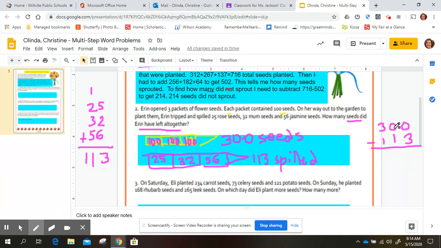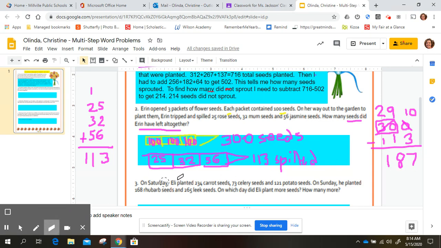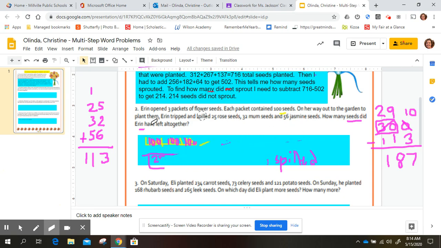And he says, sorry, man, I'm all out. So that's okay, we'll take it from the 30. So 30 turns to 29, and the 0 turns to 10. 10 take away 3 is 7, 9 take away 1 is 8, 2 take away 1 is 1. So 187 seeds are left to be planted. So I can erase this and we'll type it in the box.